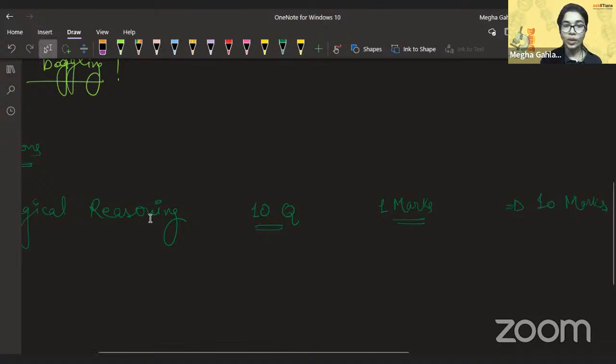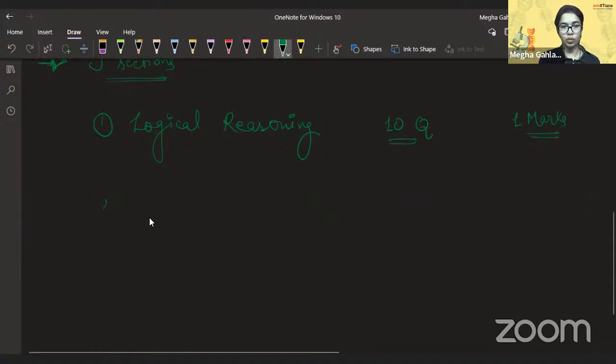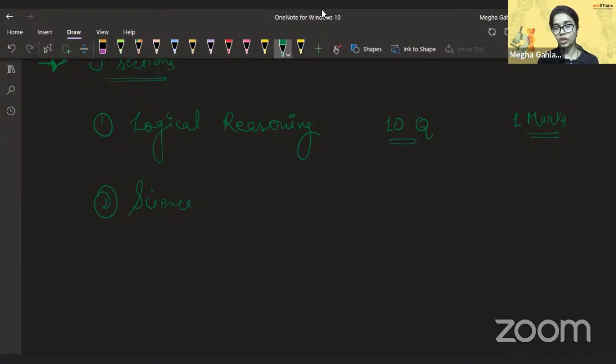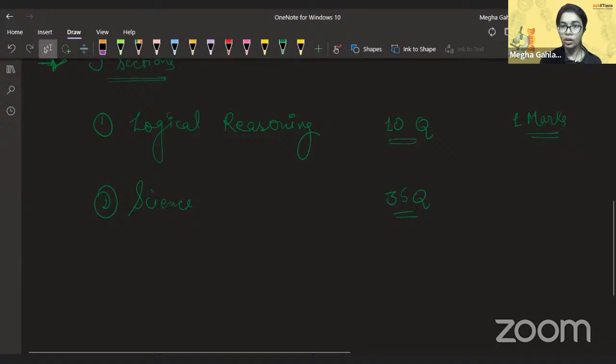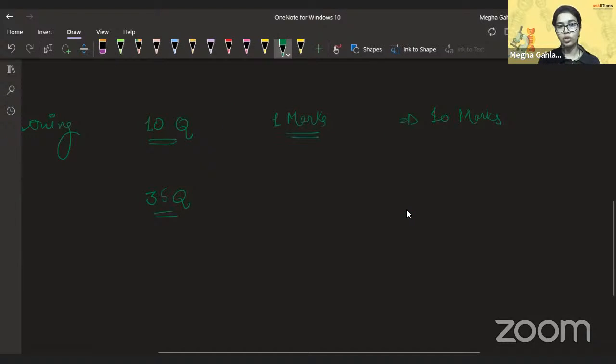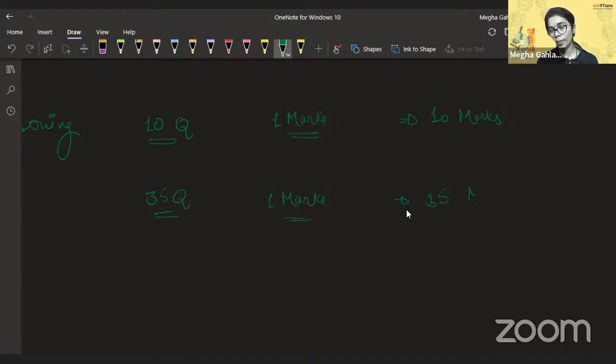And then we have the second section over here, which would be your science section. This science section is going to have about 35 questions. These 35 questions again are going to be 1 mark each, giving this entire section about 35 marks, right?